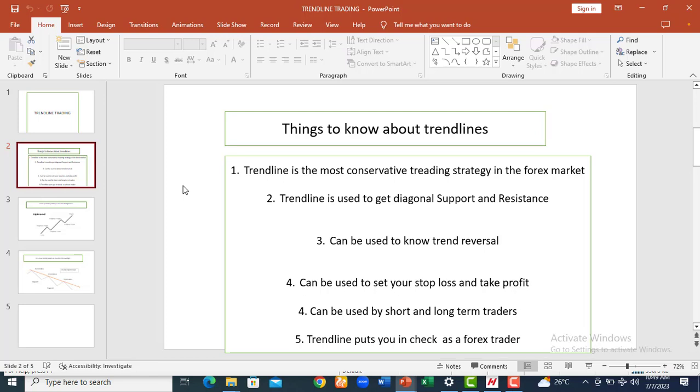A trendline puts you in check as a Forex trader. Now we go to the chart to show you how to spot this trendline and how to use it. It's a very sweet strategy. The only thing you have to do is be patient and wait for the market to come back to your trendline. So let's go to the chart.